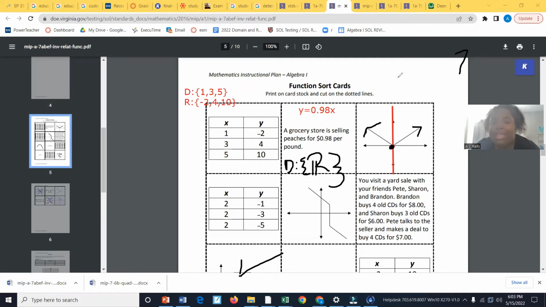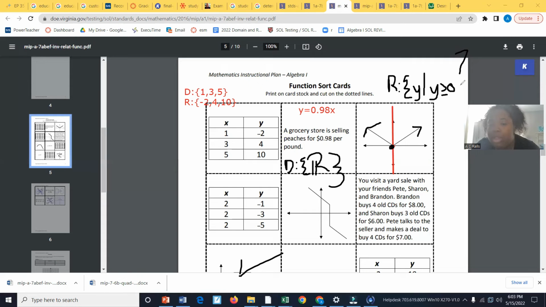So in this case, we would still do the range and we'll still have our colon, but we're going to write the set of y such that, that's like that little crazy line, y would have to be greater than or equal to 0.